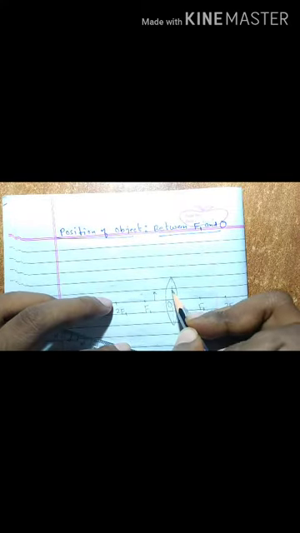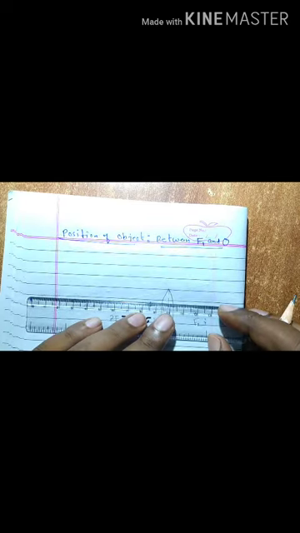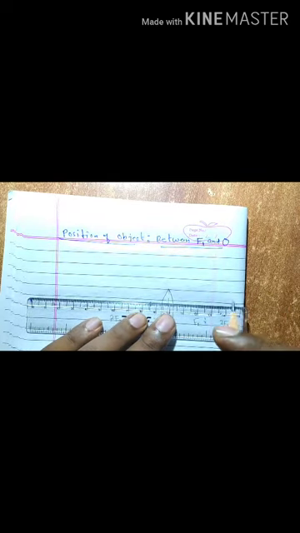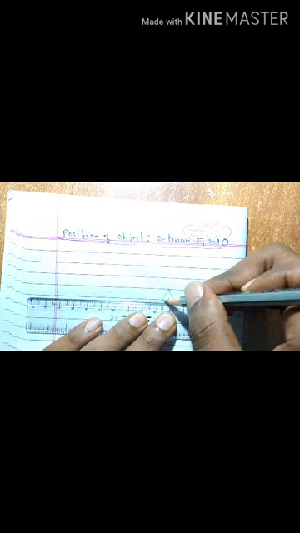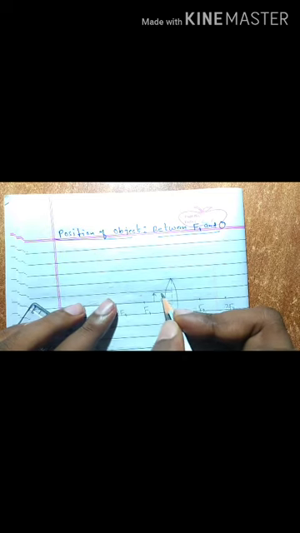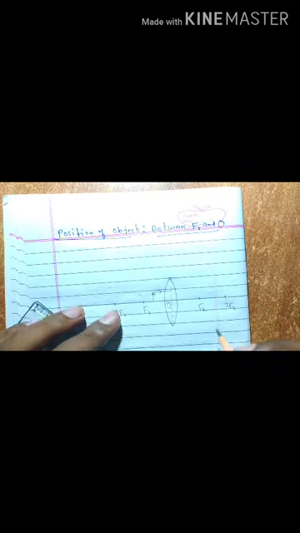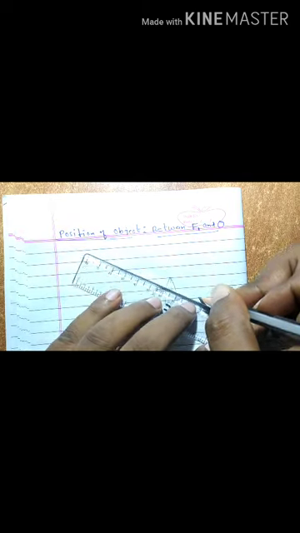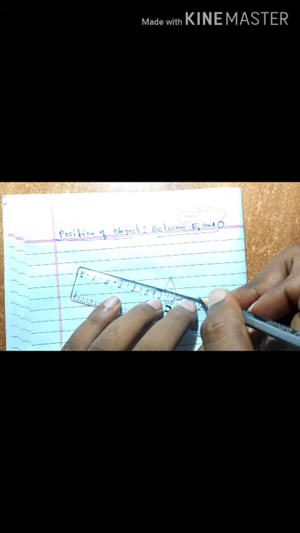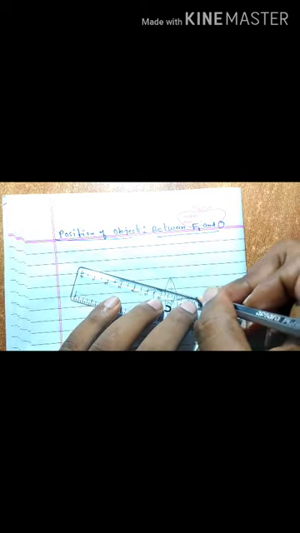Right, and again these rays. So for a ray diagram, you need two refracted rays. First ray should be parallel to the principal axis, and we know that the ray which is parallel to the principal axis will pass through f2.